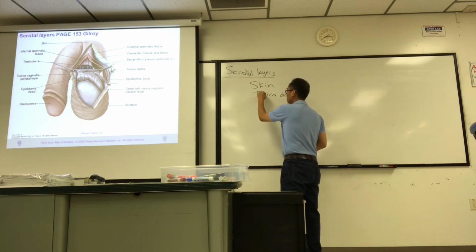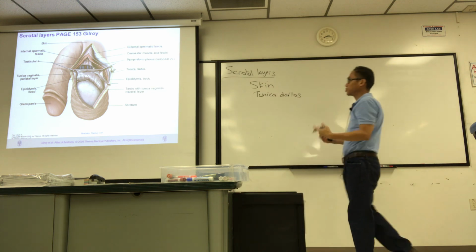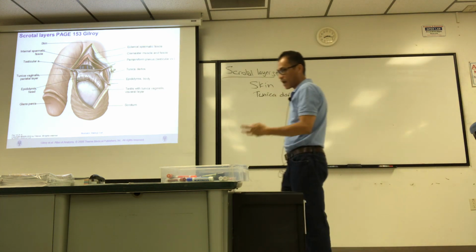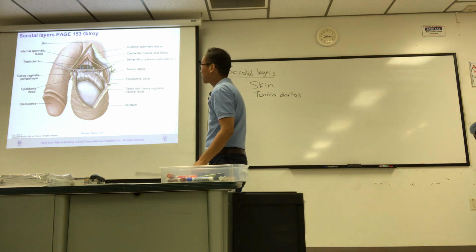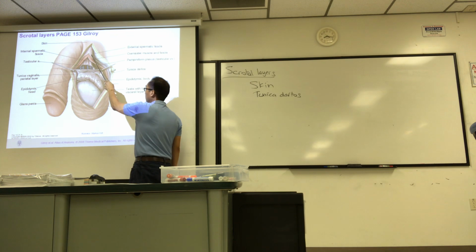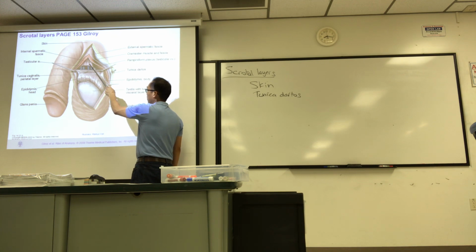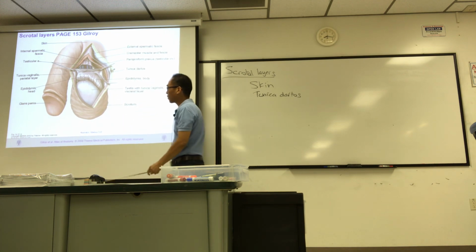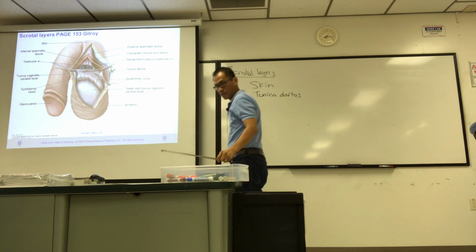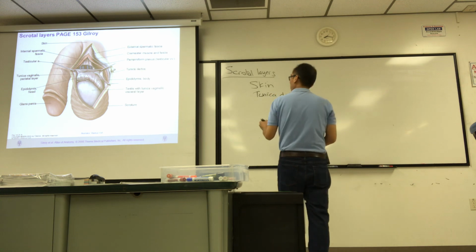Tunica dartos. Tunic means shirt, means layer. Now deep to that, we have our three layers that we talked about prior: the external spermatic fascia, cremaster, and internal spermatic fascia. Those are coverings of the spermatic cord, but they also surround the scrotal layers as well. So I'm going to list them here.